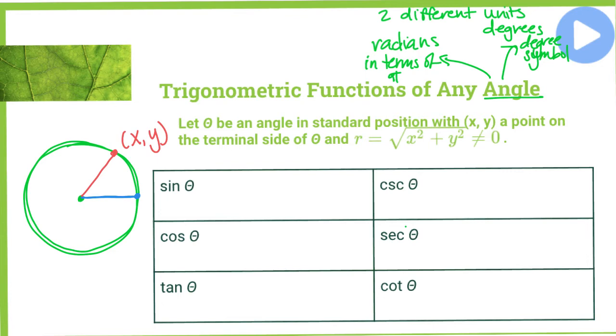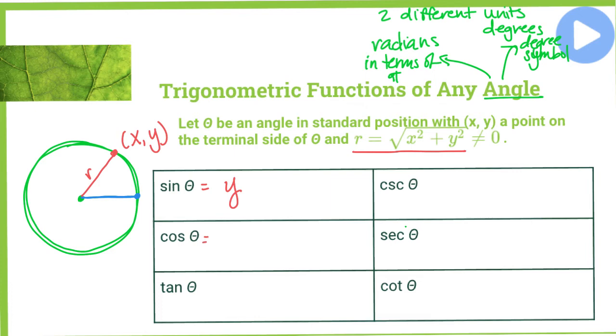So notice that we have r equals the square root of x squared plus y squared, and that's just the equation of a circle, but it's solved for the radius. So this is just telling us how to find the radius measure. We're going to call this measure here r, because of course that is the radius from the center to the outside of the circle. Anytime you are looking for the sine of an angle, you need to refer to the y of the ordered pair.